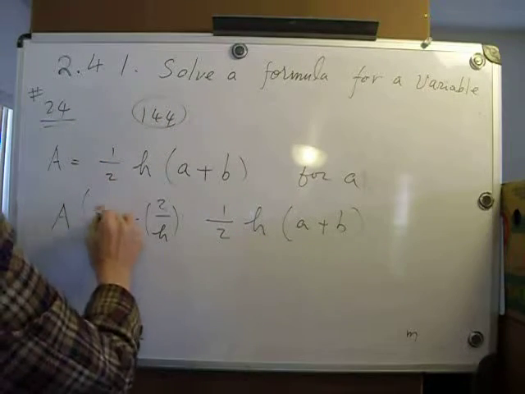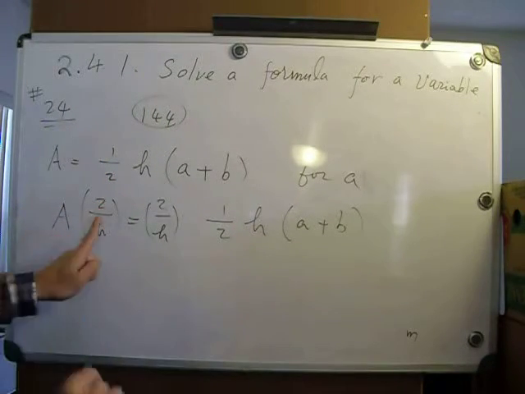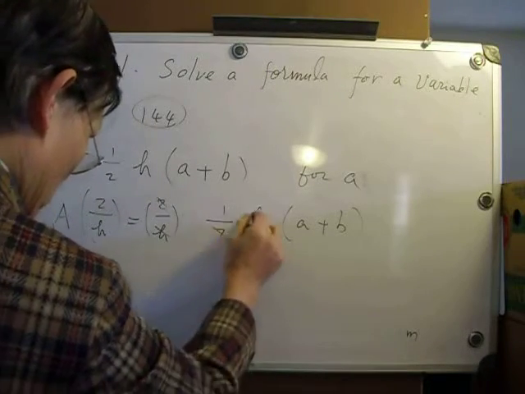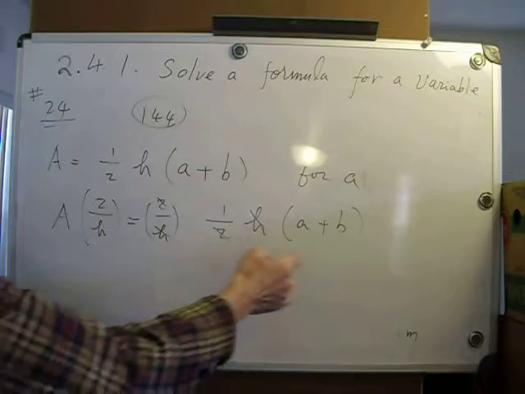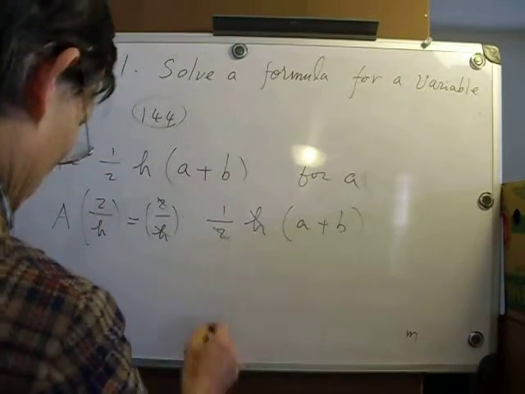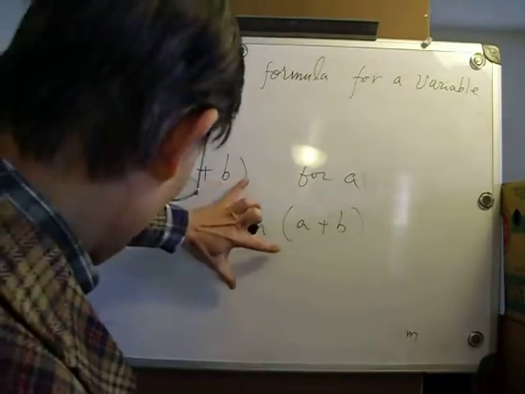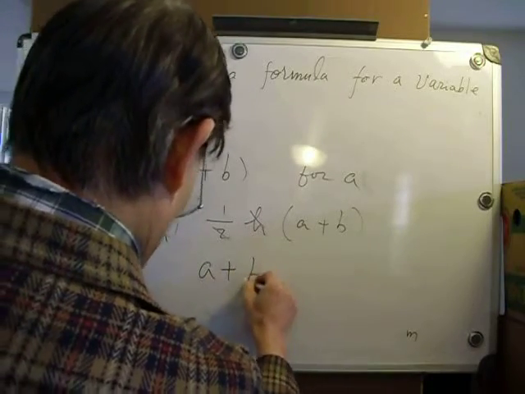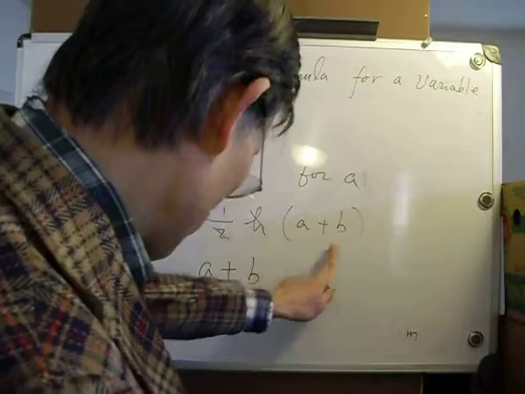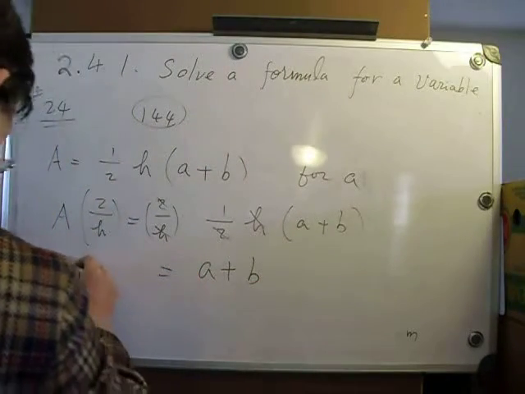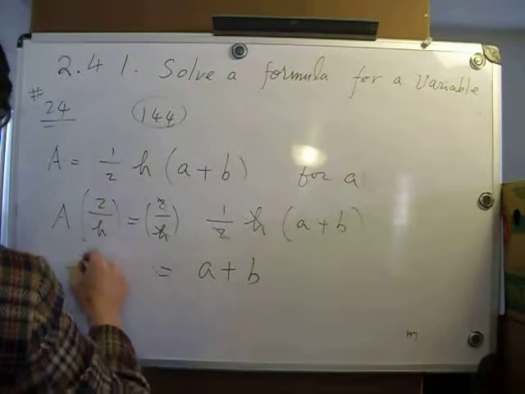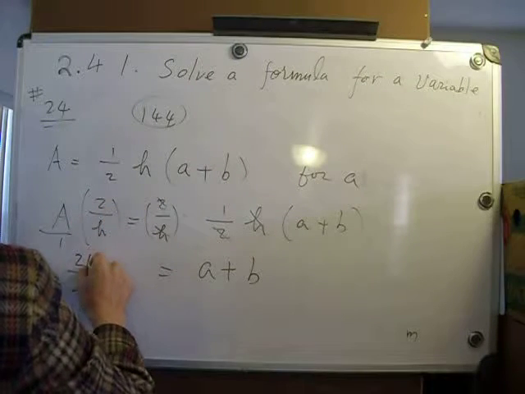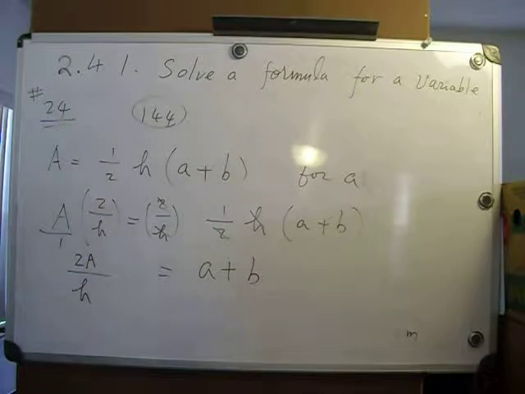So on the other side, multiply exactly the same thing. As you can see, 2 cancels, h cancels. That's the best way to handle this. So these two variables disappear, and then without writing the parentheses, on the right-hand side, on the left-hand side you have, this is like 1 here, fraction multiplied by fraction, 2A over h, like this.